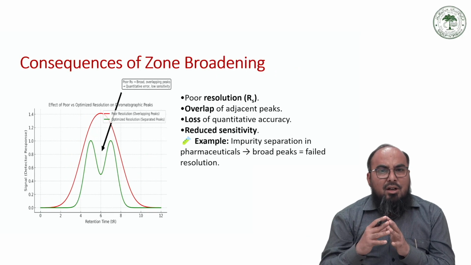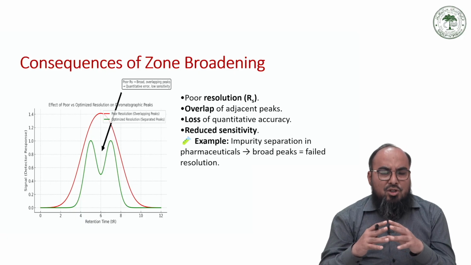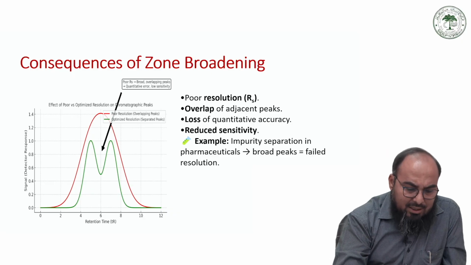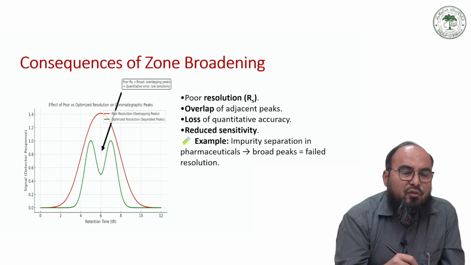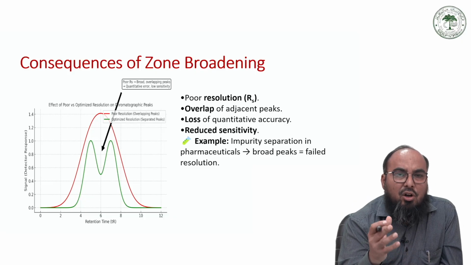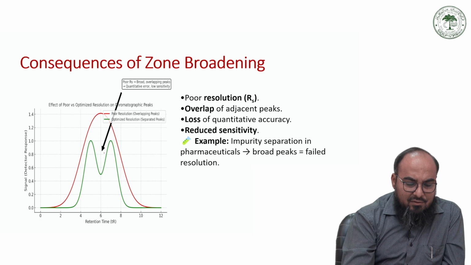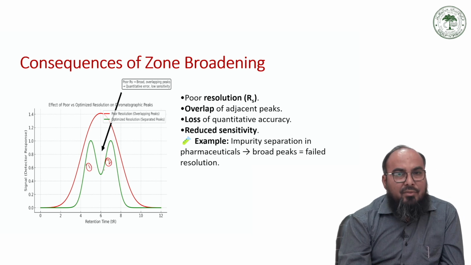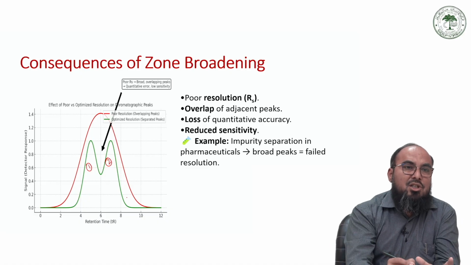Okay, so what are the consequences of this zone broadening? The first and foremost effect is that the moment you get a broad band, you never know how many different solutes it has engulfed. For example, in this case, this is solute 1 and this is solute 2, and this broad band has enveloped both.